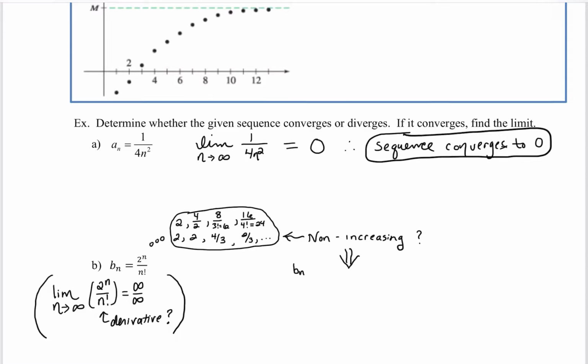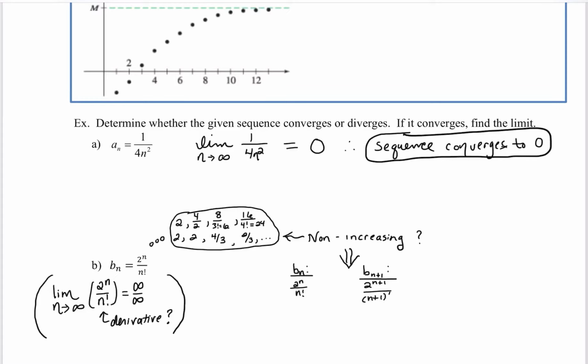So b_n would be this 2 to the n over n factorial. That would be our b_n term. And then I would be comparing that with the b_(n+1) term. That would be 2 to the n plus 1 divided by n plus 1 factorial.